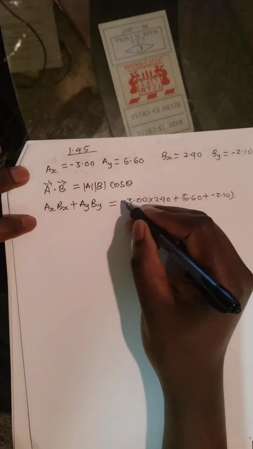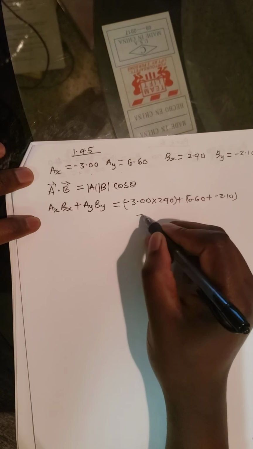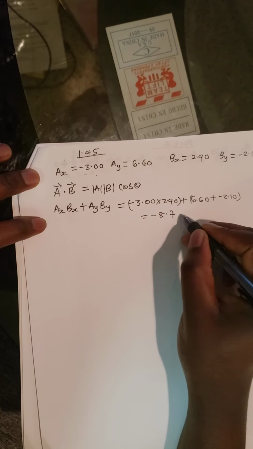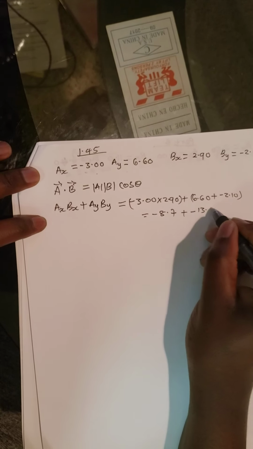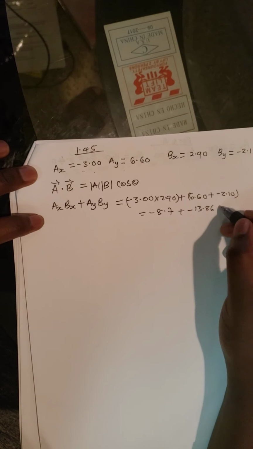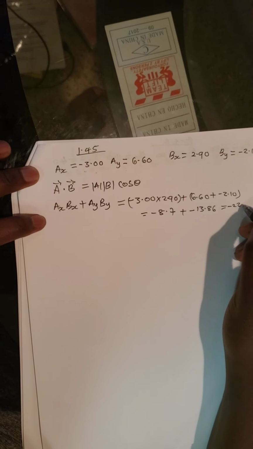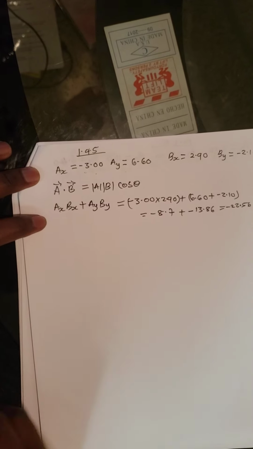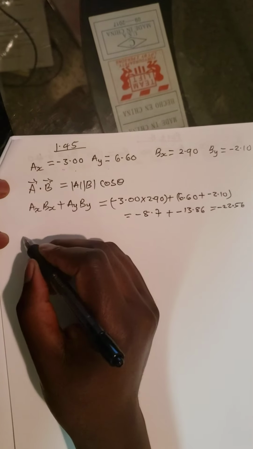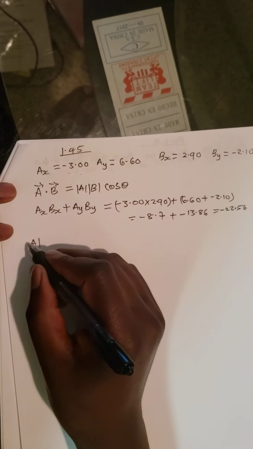This will give me a total of negative 8.7 added to negative 13.86. When you add this, it gives me a total of negative 22.56.